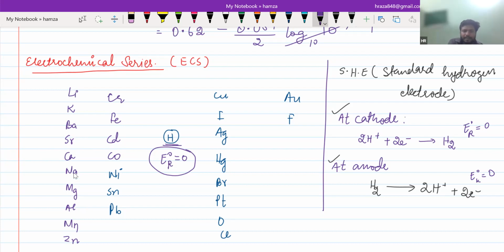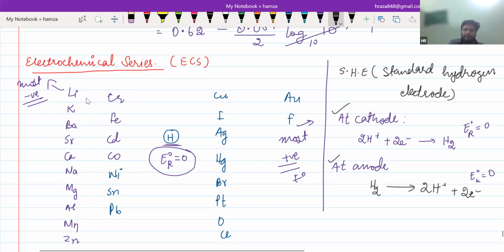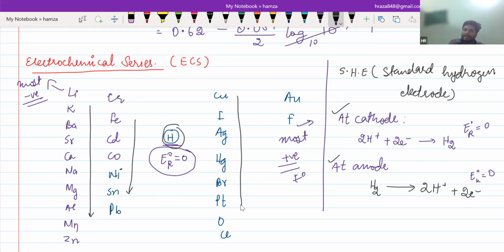Now I have written this in decreasing order. This is the most negative E naught value, and this is the most positive value of E naught. Down the group the negative value magnitude decreases, and then again decreases, then comes to 0, and after 0 it is positively increasing.